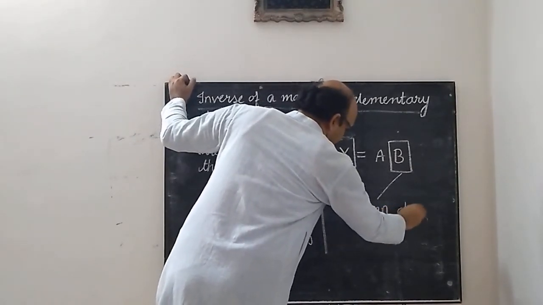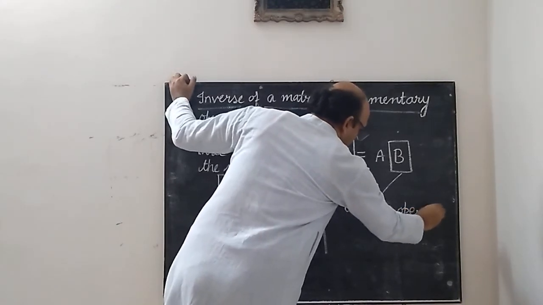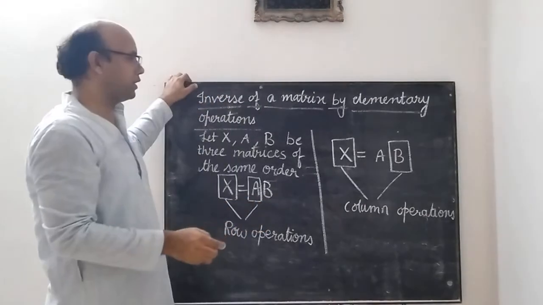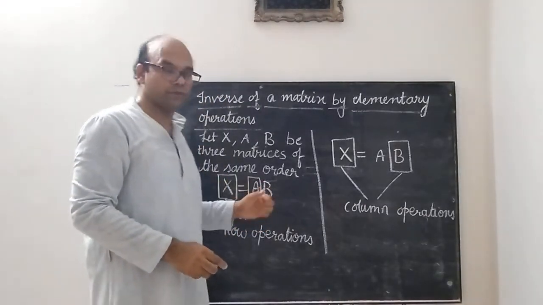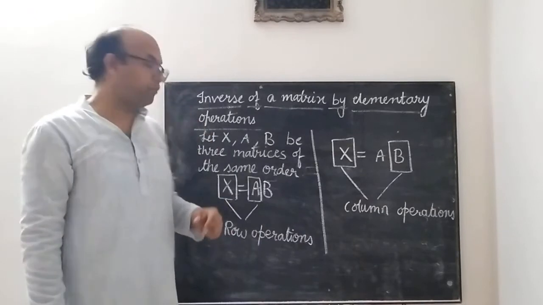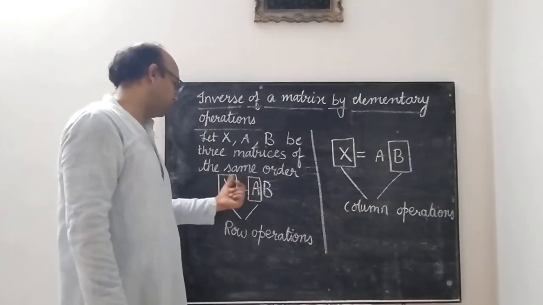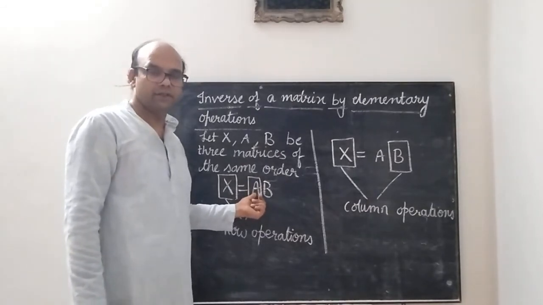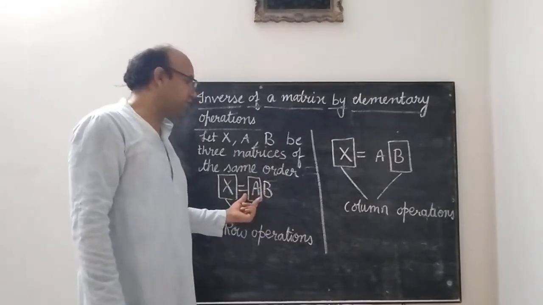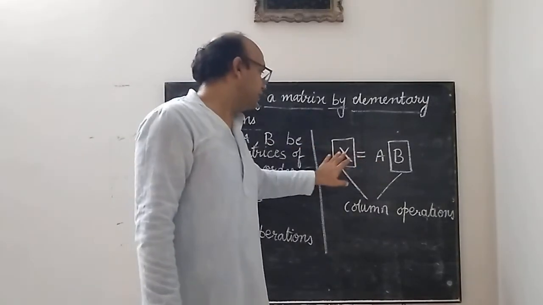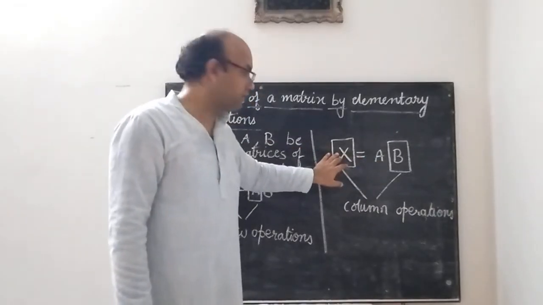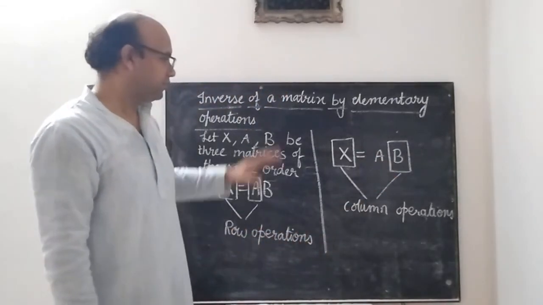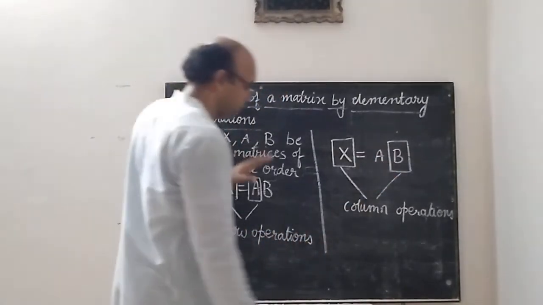Whatever operations we do, we have to do on both sides. If we are doing the row operation, we do it on the matrix X and the matrix A, the first of the two matrices on the other side. Over here, we apply the column operation on X and the second of the matrices on the other side. This is very important. Keep this in mind.